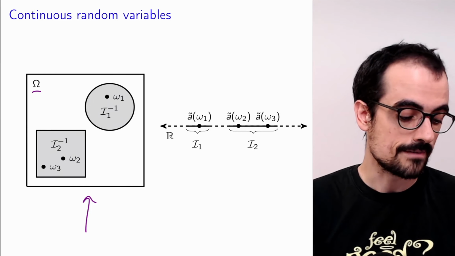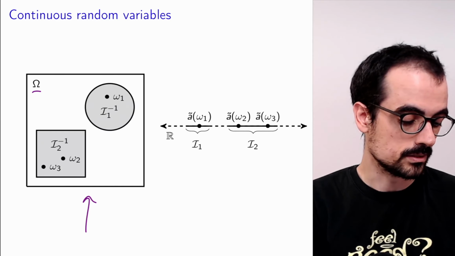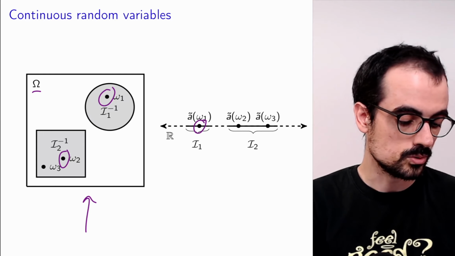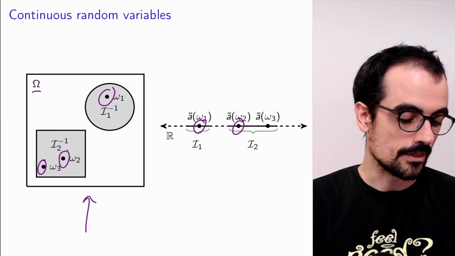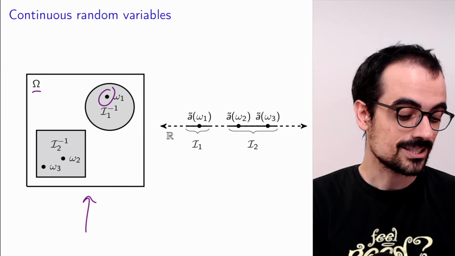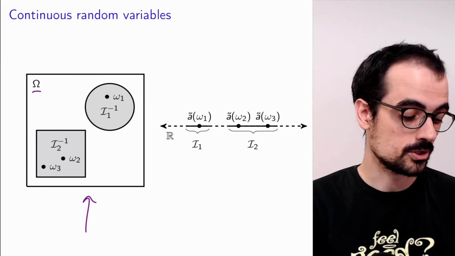Here in particular, we have a random variable a that maps this point omega 1 to this point on the real line, this point omega 2 to this point on the real line, this point omega 3 to this point on the real line.